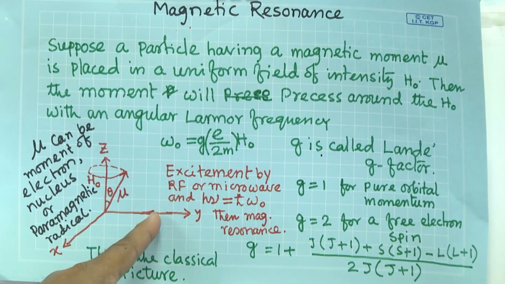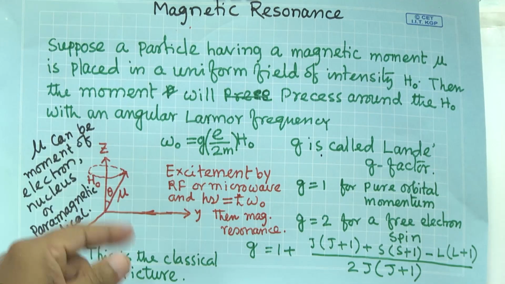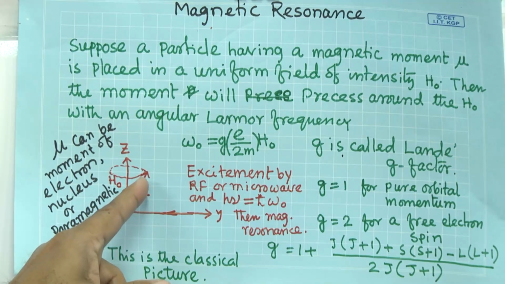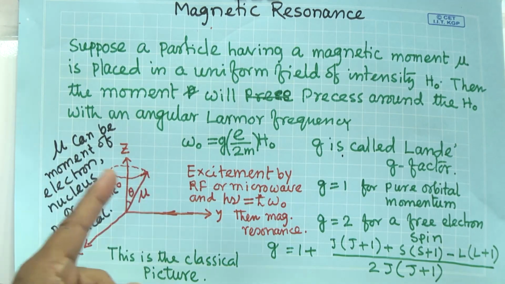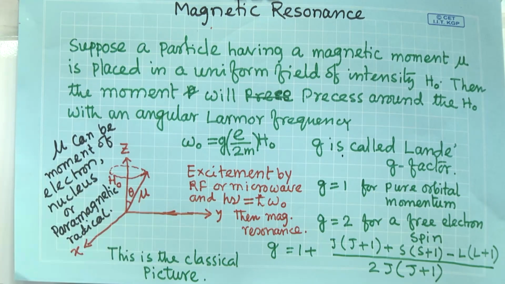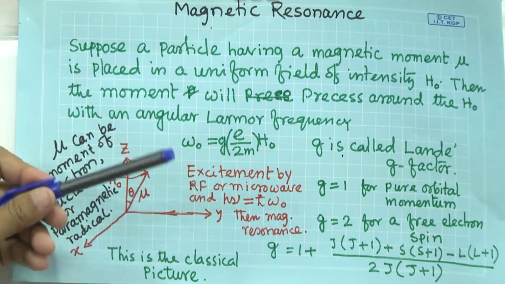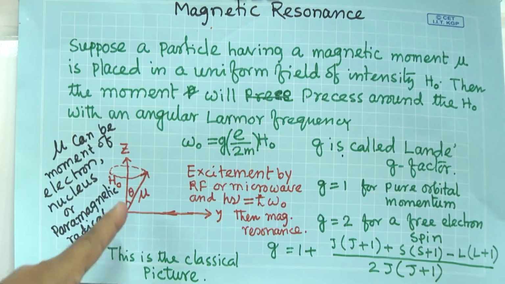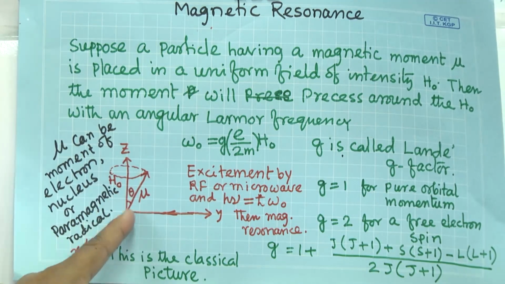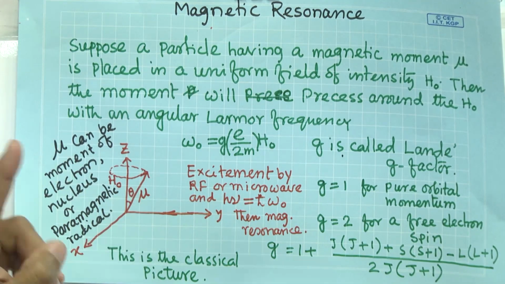So, this AC field will change whatever rotation was there, and now this magnetic moment will also rotate along the y direction. At that time, that angle will not be conserved. If this field is not there, all the time it is rotating with this angle theta.